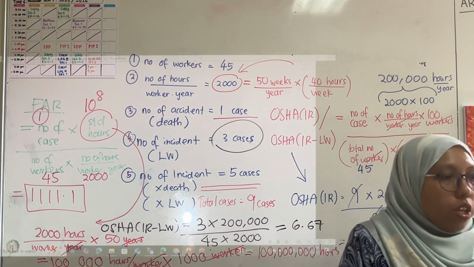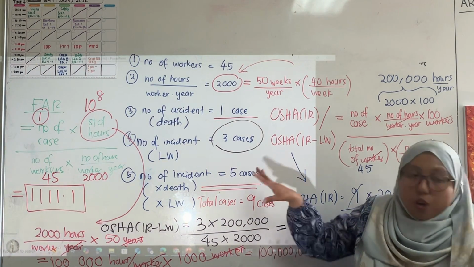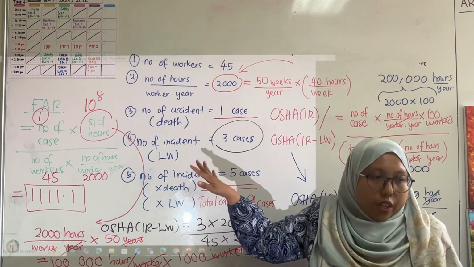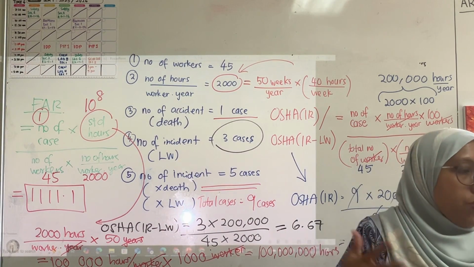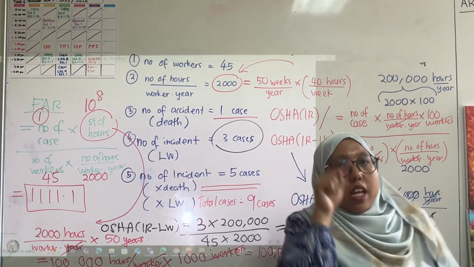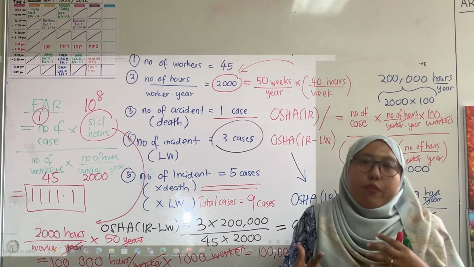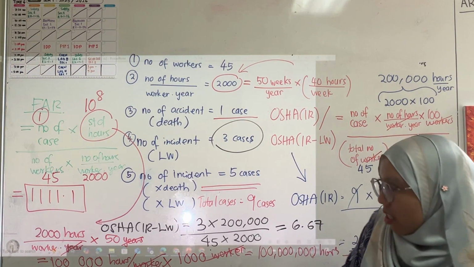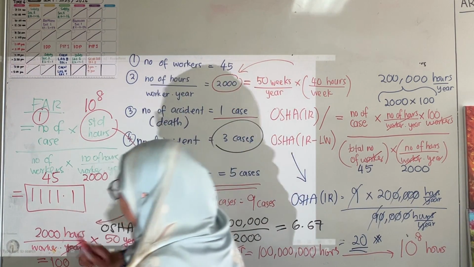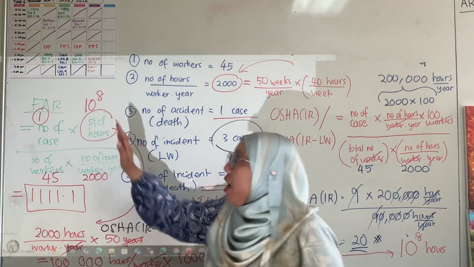It is like if your plant, with this FAR, continued for 100 million hours, 10 power of 8 hours, how many fatalities can happen? You get this number of fatalities. That is the meaning of FAR.